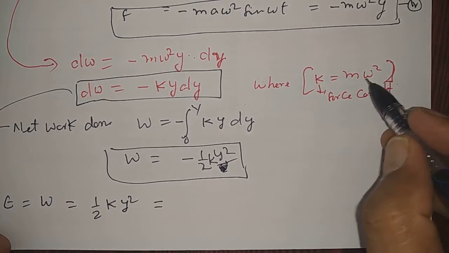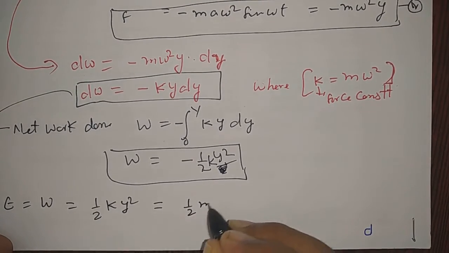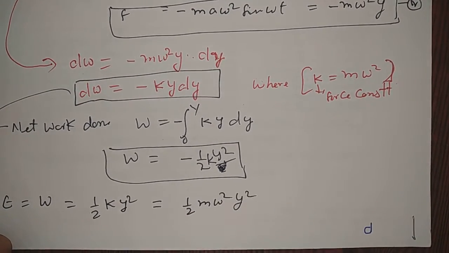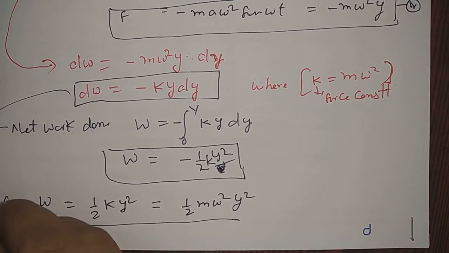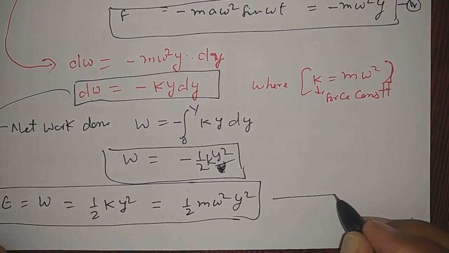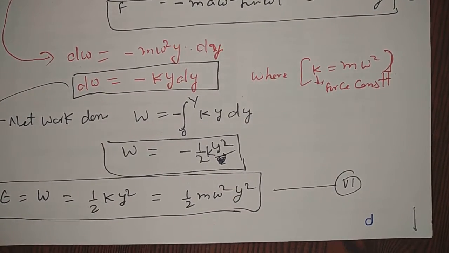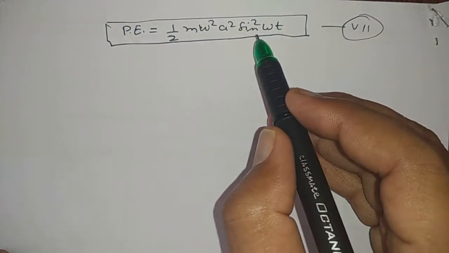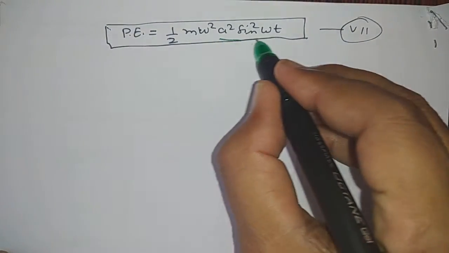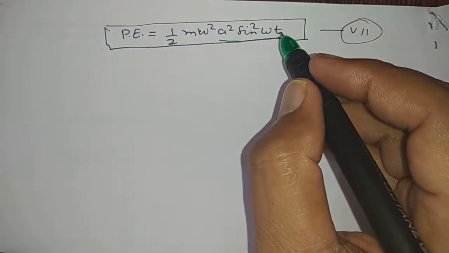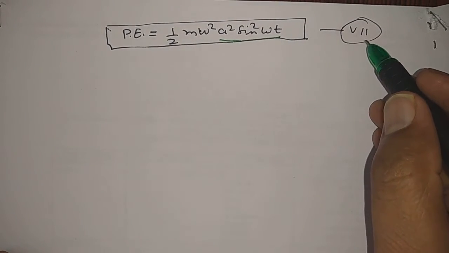Since k is equal to m omega square, it is half m omega square y square, the potential energy of the body, and it is represented as equation number 6. Potential energy can also be written by putting the value of y as a sin omega t, squared. So potential energy can be expressed by equation 6 or 7.